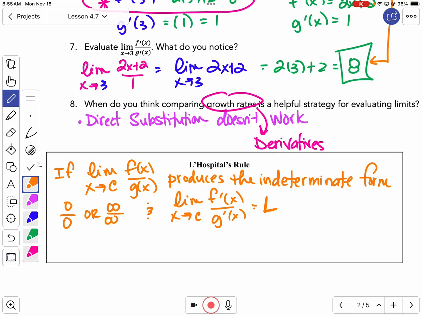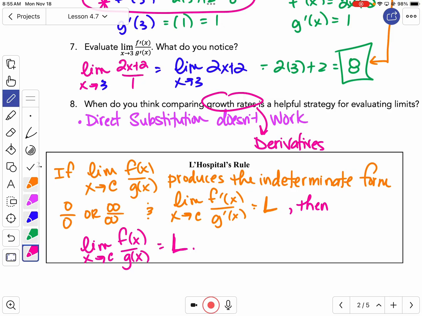We're going to call it L. So the limit of the derivatives has to equal a number we can get to. Then that limit we were trying to evaluate of f of x over g of x is equal to that same value that we got from the derivatives. So that's the formal definition for L'Hopital.